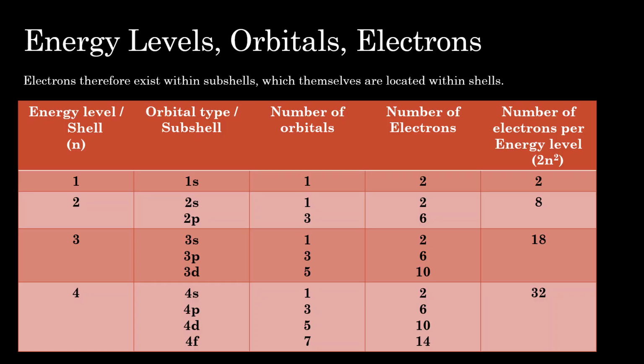It's just 2 times n squared. So 2 times 1 squared is 2, 2 times 2 squared is 8, 2 times 3 squared is 18, 2 times 4 squared is 32, and so on.